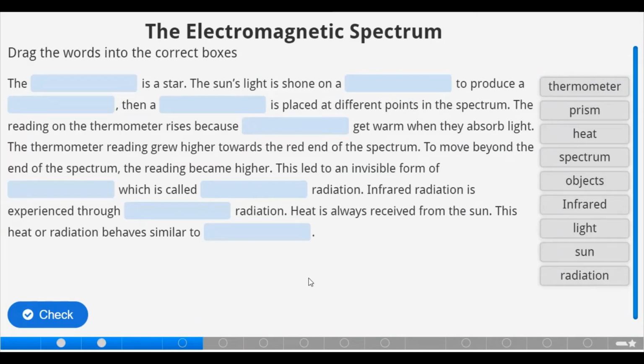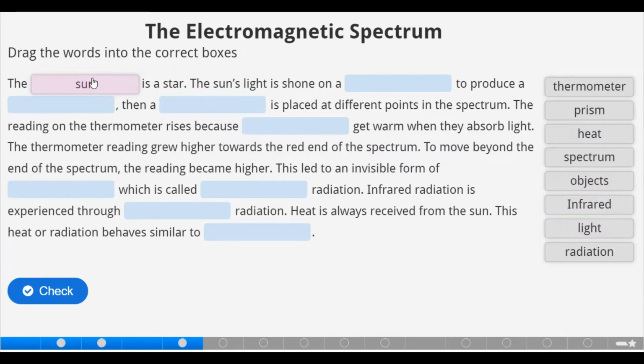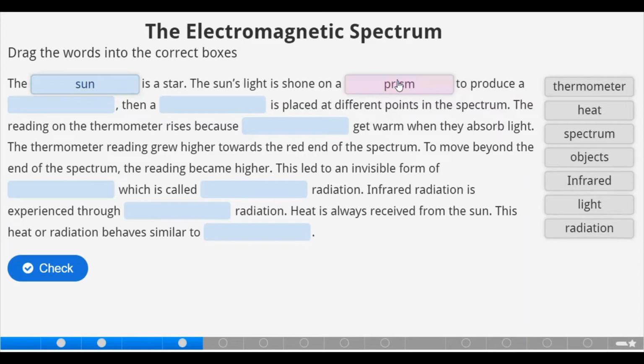The electromagnetic spectrum. For us to define it also, we drag the words into the correct boxes. The sun is a star. The sun's light is shone on a prism to produce a spectrum.